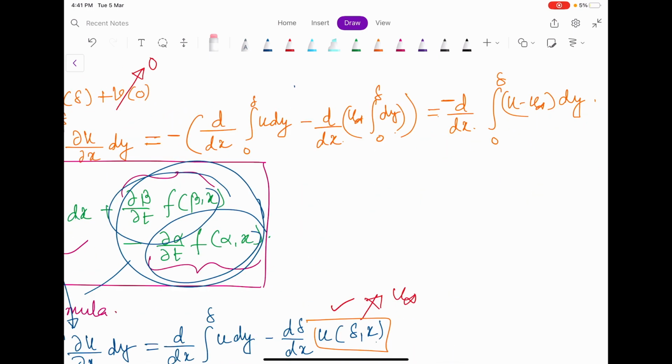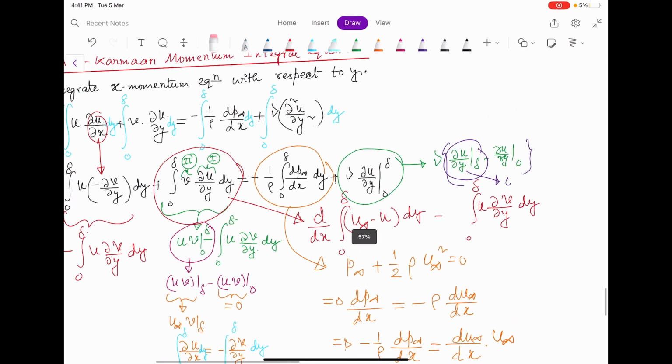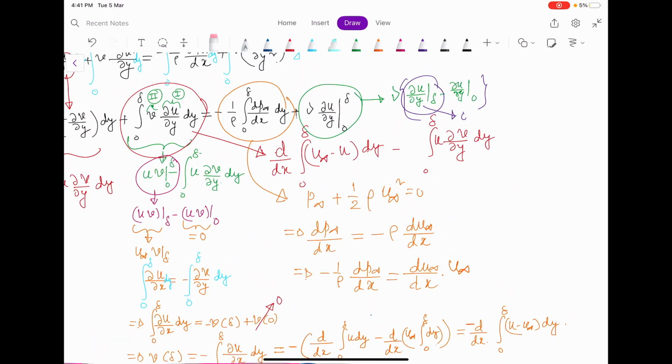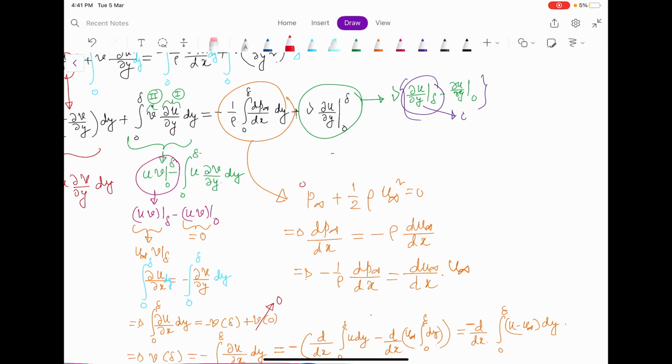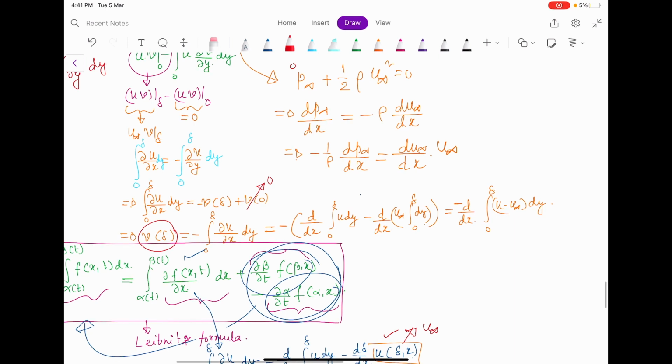Okay, now see that this whole term boils down to what? So this was v at delta. So this will be u infinity into this whole term, because I have found out this v of delta.